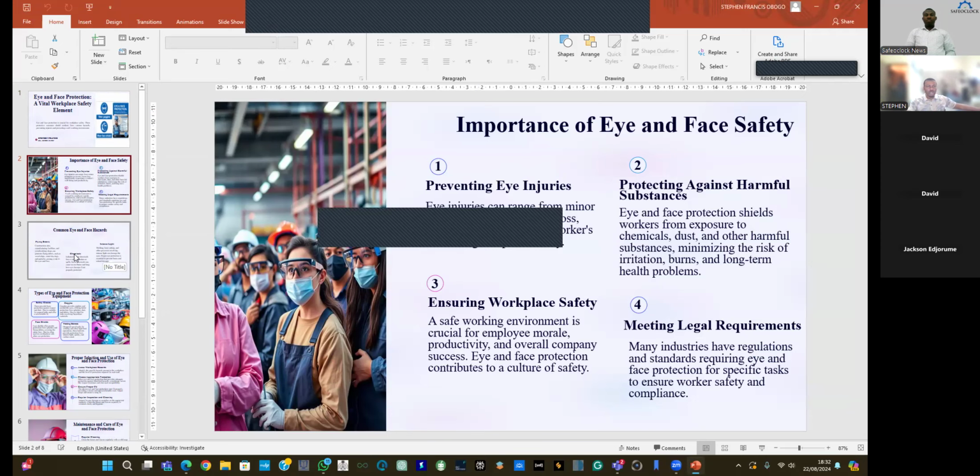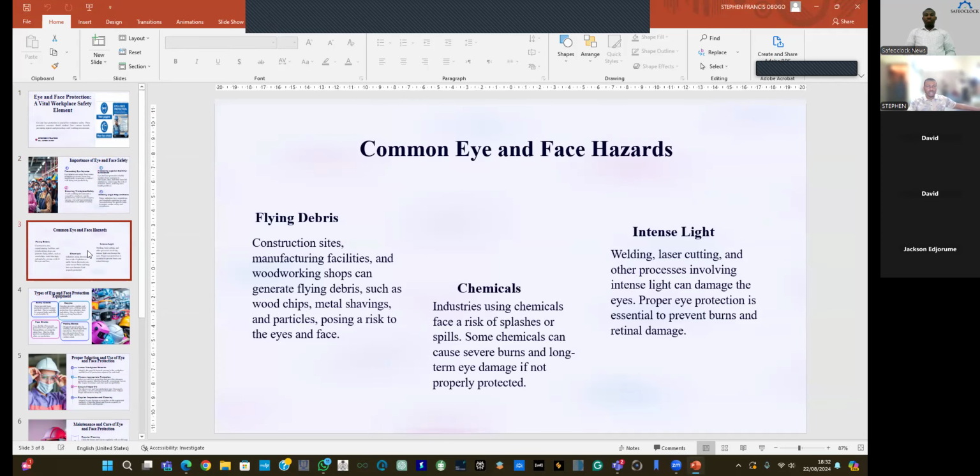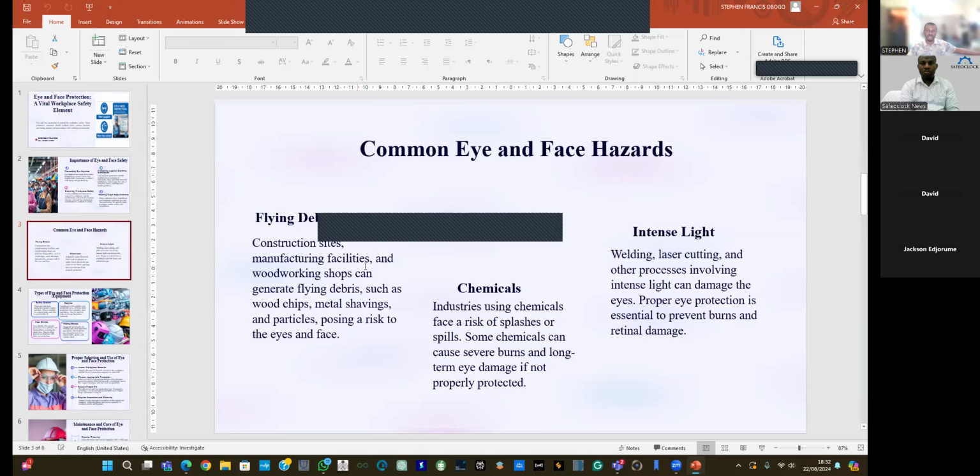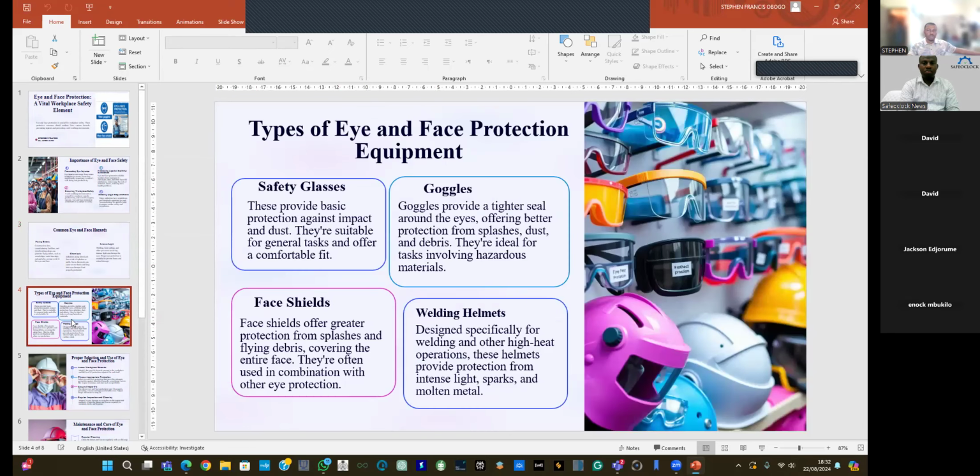Then also we have the common eye and face hazards, which probably you would have mentioned. We'll talk about flying debris, chemicals, and also intense light, where we're talking about probably ultraviolet radiation.